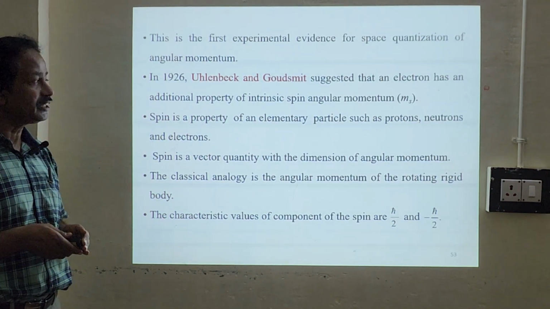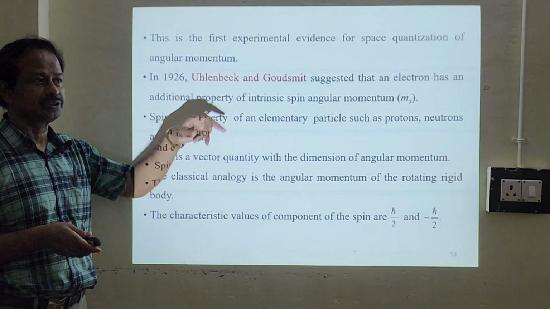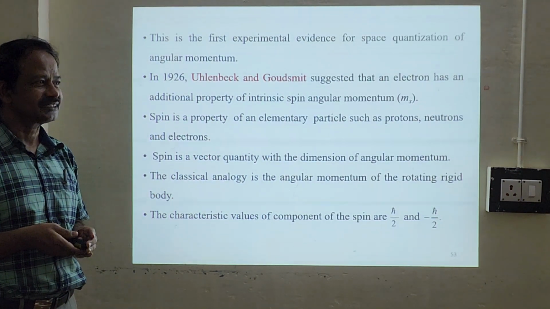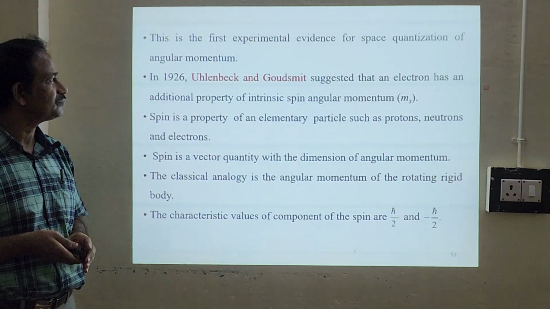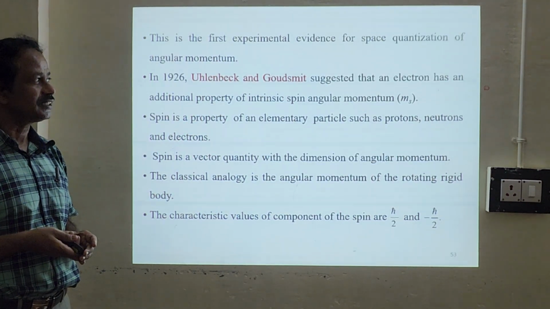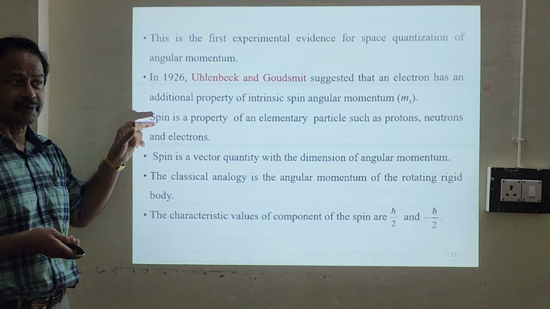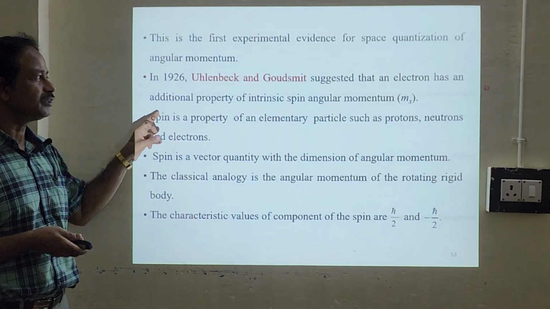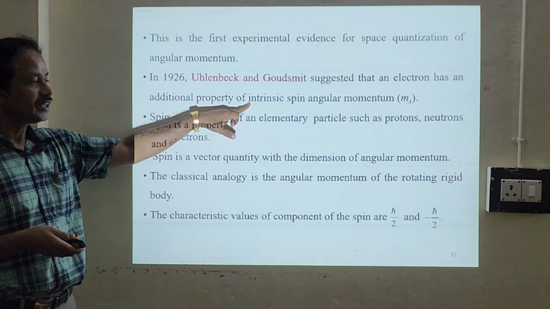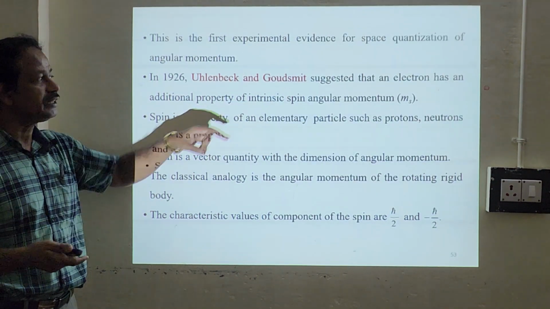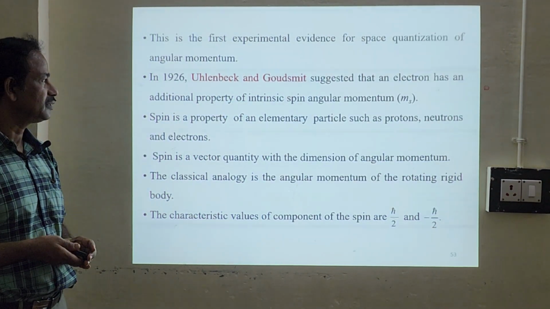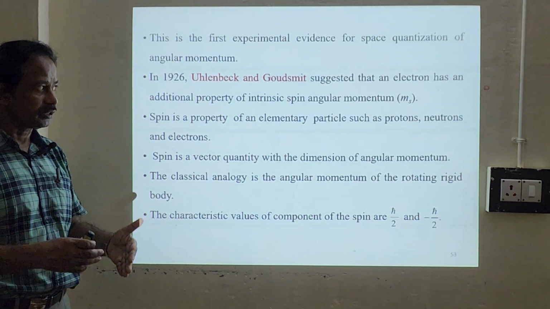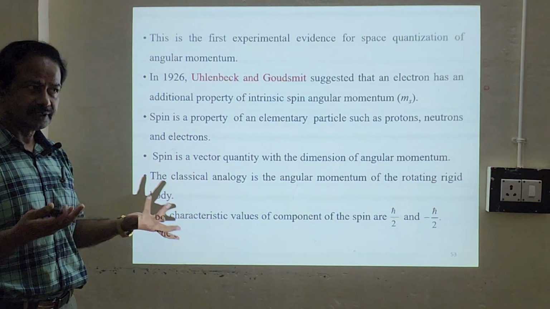But in 1926, Uhlenbeck and Goldsmith, the students of Paul Ehrenfest, suggested that the electron has an additional property other than orbital angular momentum, which is nothing but an inherent, built-in property, intrinsic spin angular momentum, ms. So spin is a property of an elementary particle such as protons, neutrons, electrons.